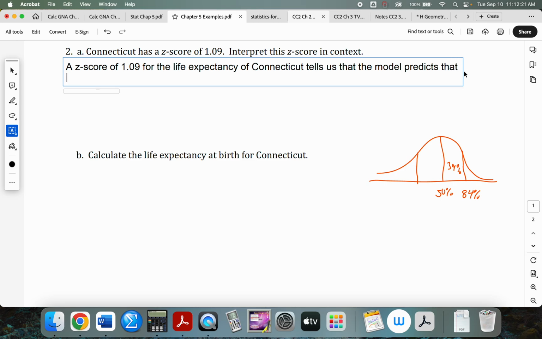Connecticut is in, we'll do it your way, the top 16% of life expectancies. Percentile confuses me because you're better than 84% of the people, but I think of it as you're in the top.